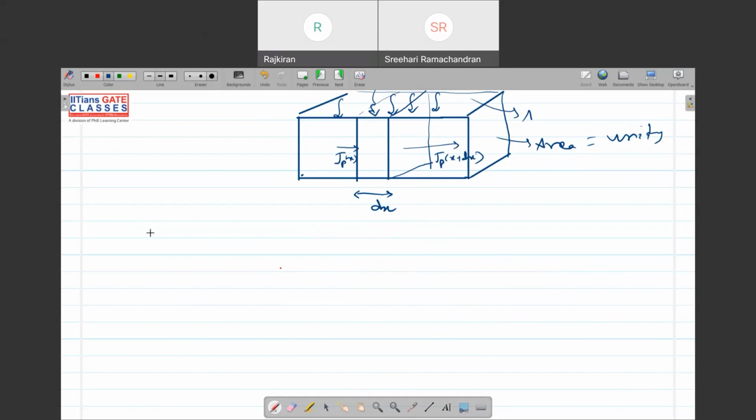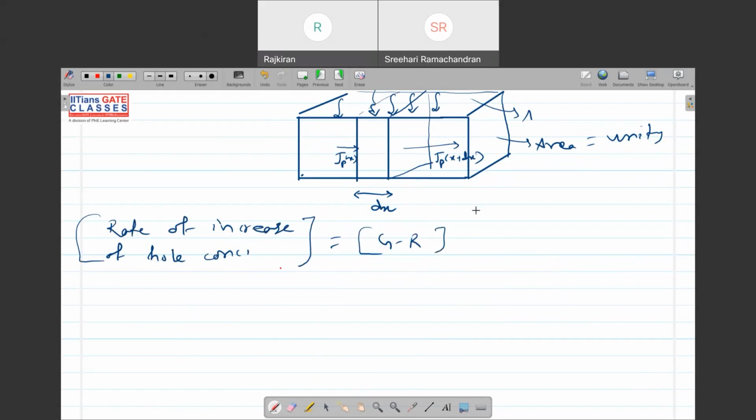The rate of increase of hole concentration will be equal to, like earlier, whatever may be the generation rate minus the recombination rate, that is called the net generation rate, plus the net rate of hole input into the volume.